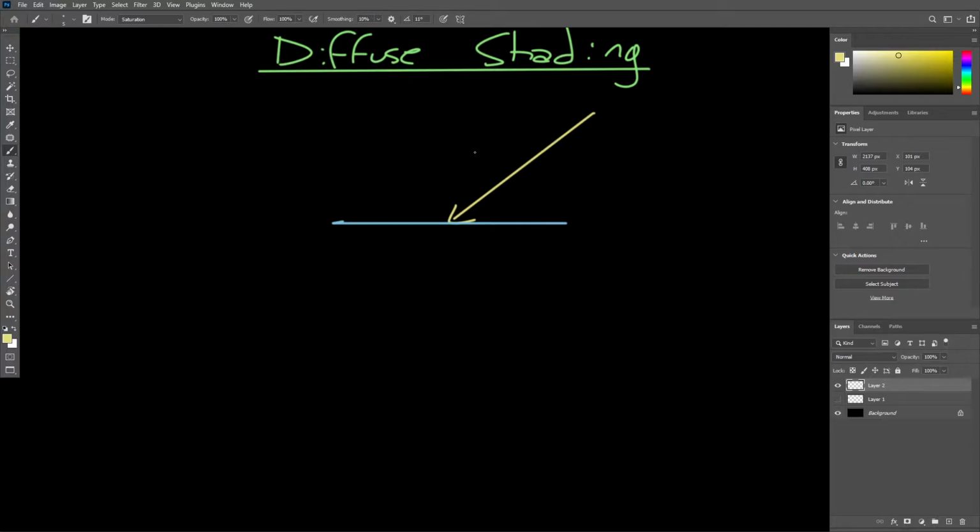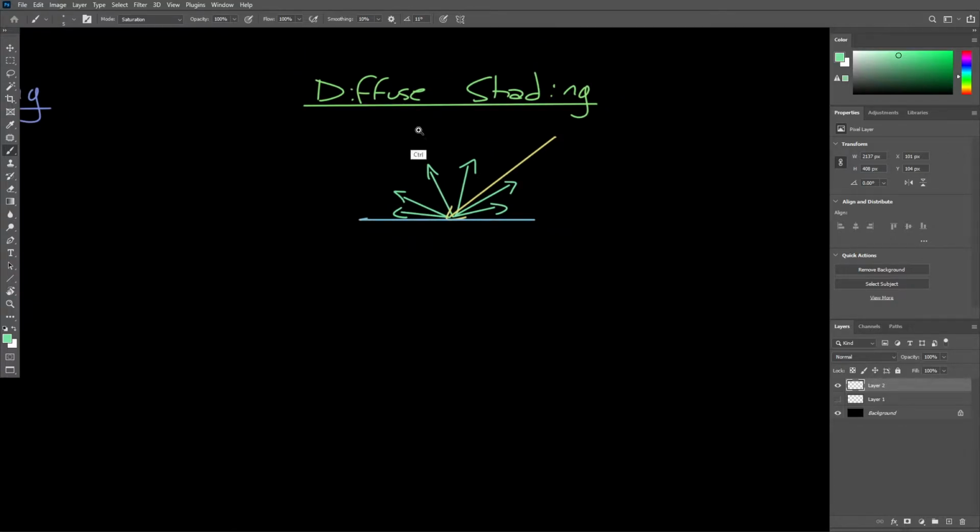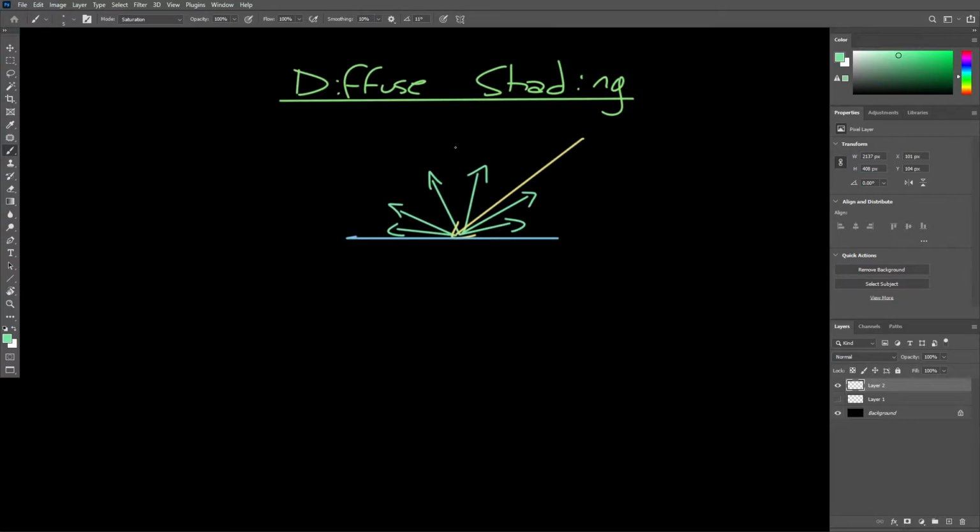And what we're doing here is observing the type of reflection that is reflected off in all directions. So the reflected light is going to look a little bit like this. This is distinctly different from more mirror-like reflections.